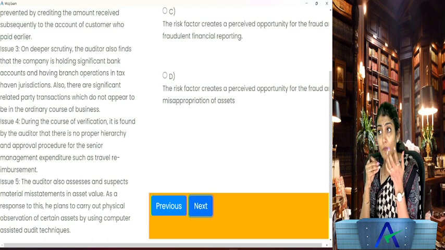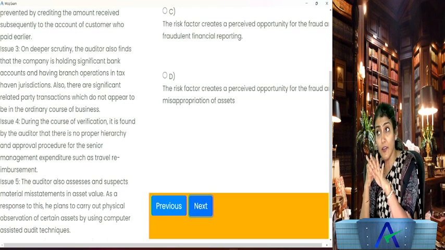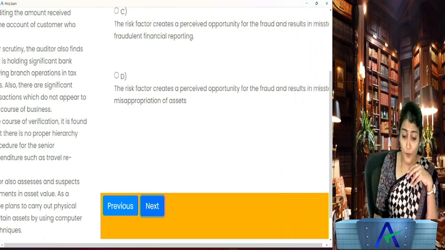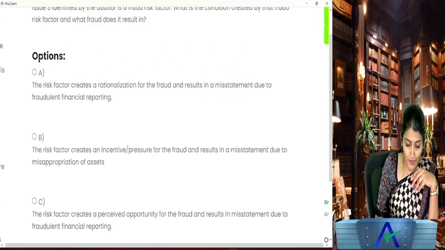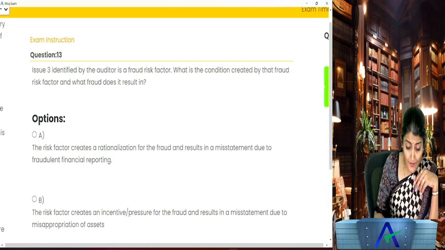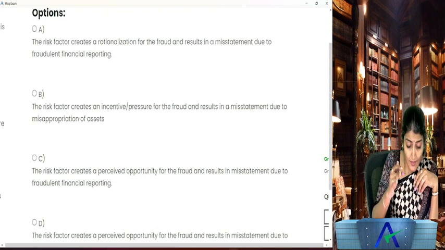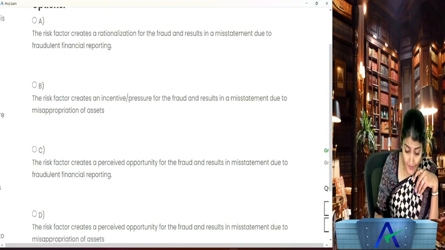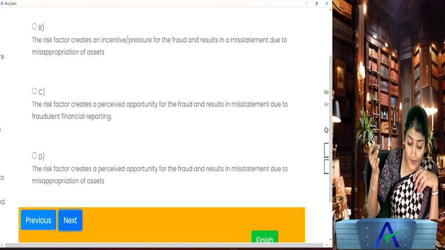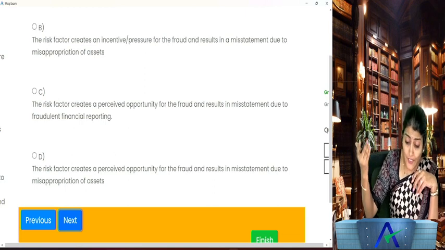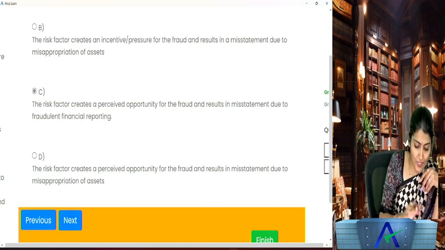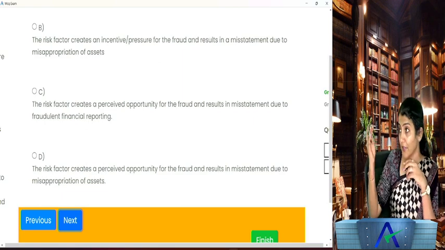These are the opportunities for the FFR, the fraudulent financial reporting. So what does it say? Is it a risk factor creating a rationalization, an incentive pressure, or a perceived opportunity for the fraud, resulting in the misstatement due to fraudulent financial reporting?